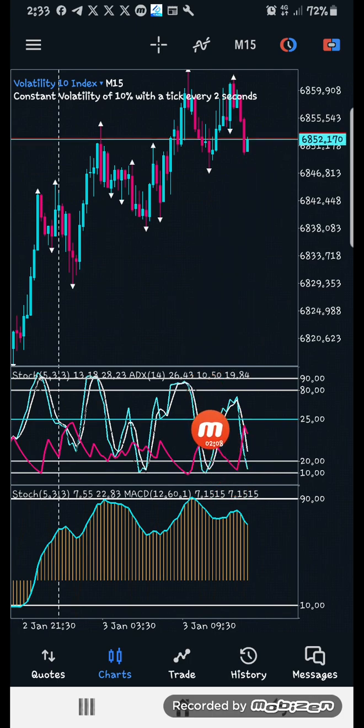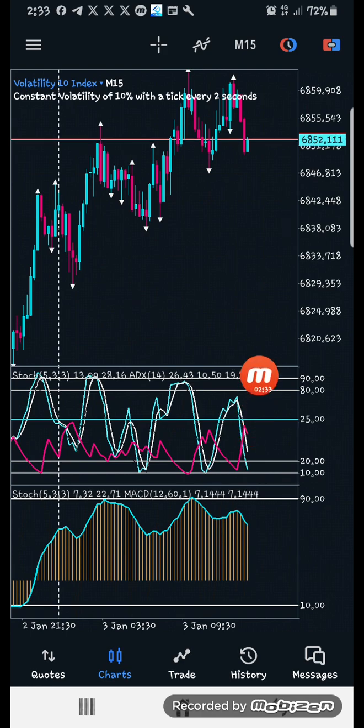Whenever the ADX is pointing downwards, it means the market is going up. Whichever direction the ADX is pointing is the opposite of the market trend. If the market is going up, the ADX will be pointing down. If the market is coming down, the ADX will be pointing up.